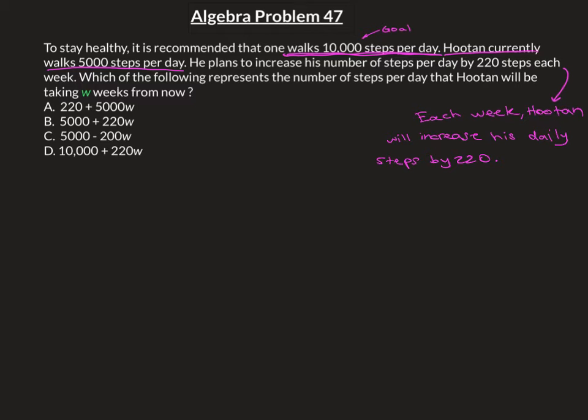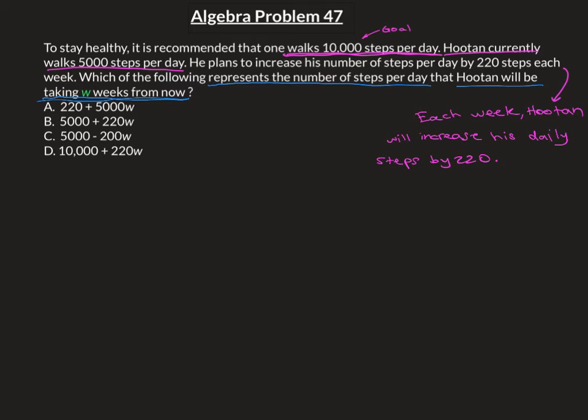So now let's take a look at our question. Which of the following represents the number of steps per day that Hooten will be taking W weeks from now? Immediately when we see W, we know that we're not going to be doing direct solving. It's going to be using a variable.